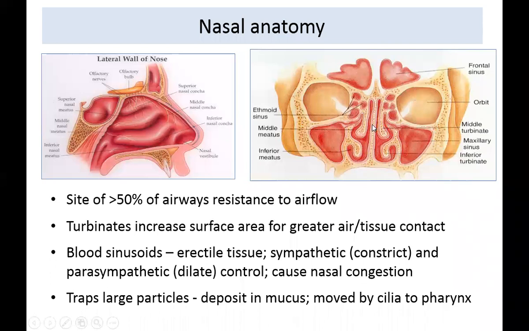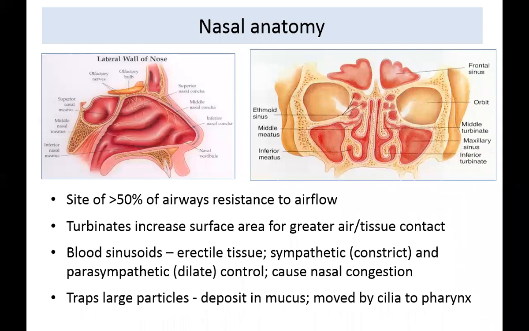If you take a section through the wall and you look at the mucosa and the submucosal tissue, it looks very similar to what we'll talk about for the lower airways, except there's one difference here. It has blood sinusoids that are erectile. Okay, so there are two erectile tissues in the body.